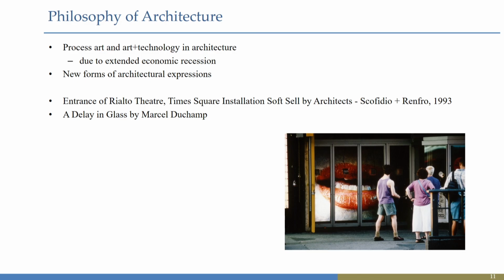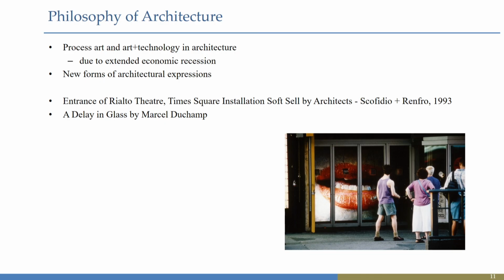So this was an installation, as it is called in architectural and design parlance. It was an installation created by the two architects in 1993. What I am trying to say is that the idea of architecture as an art form has developed and gone into different ways of expression.